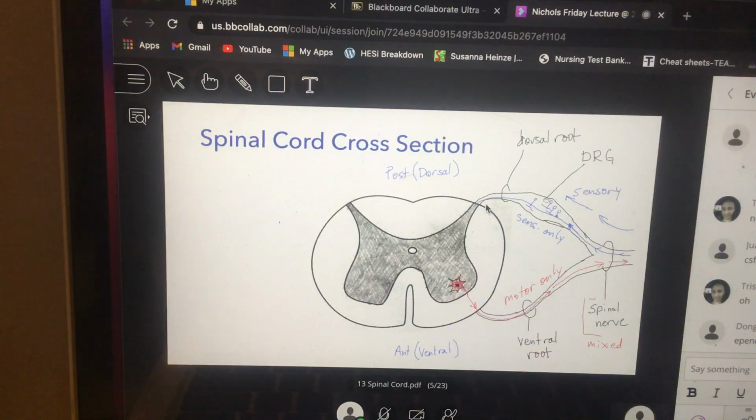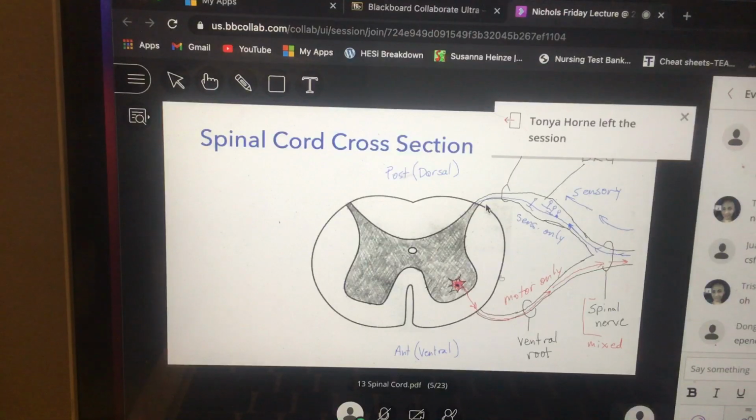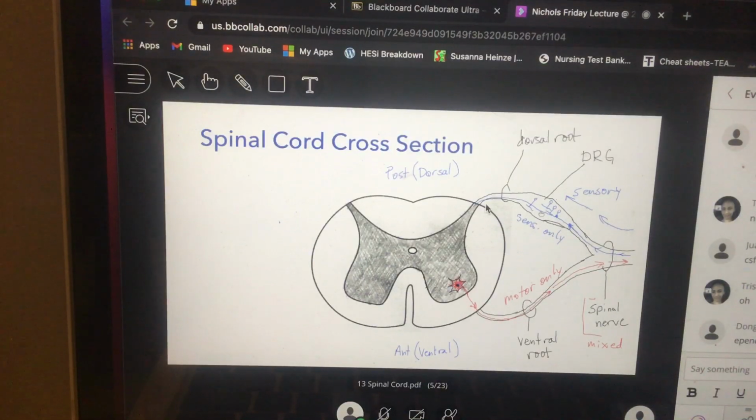What is the definition of a ganglion? A cluster of cell bodies outside the central nervous system. See, once you cross that line right there, you're in the CNS, or going this way, you're out of the CNS once you cross that line right down there. Okay, so this is a cluster of cell bodies.